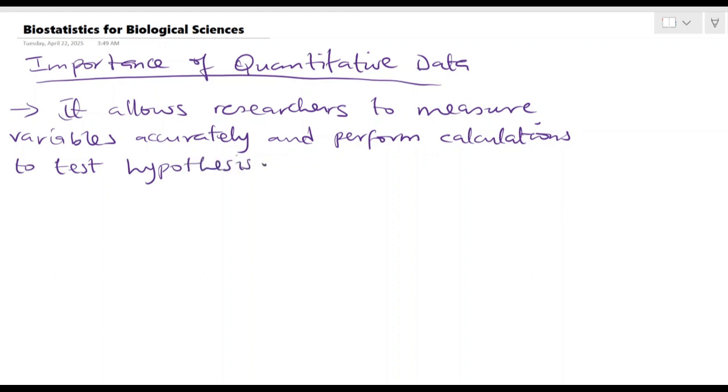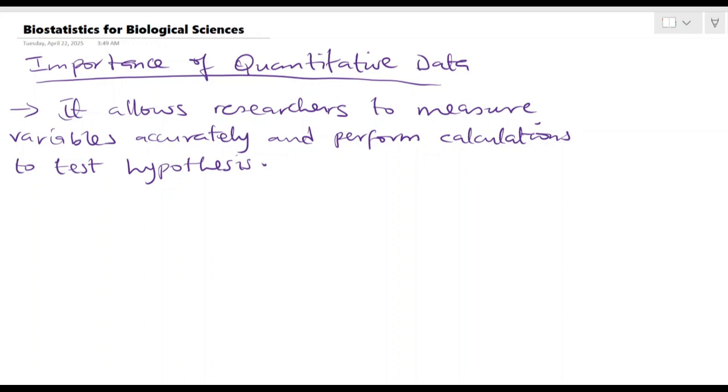So for example, tracking temperature variations over time can help study the effects of climate on plant growth. It allows researchers to measure variables accurately and perform calculations to test hypotheses, which is one of the key areas in research methodology.